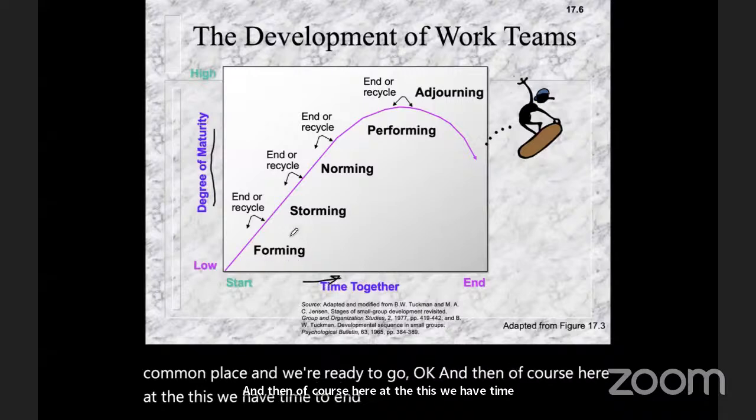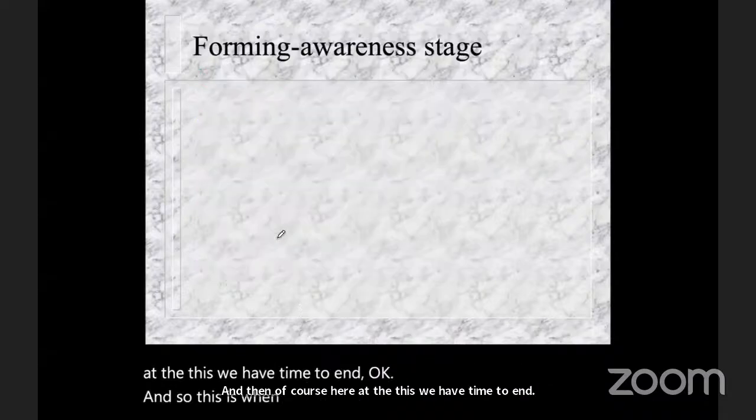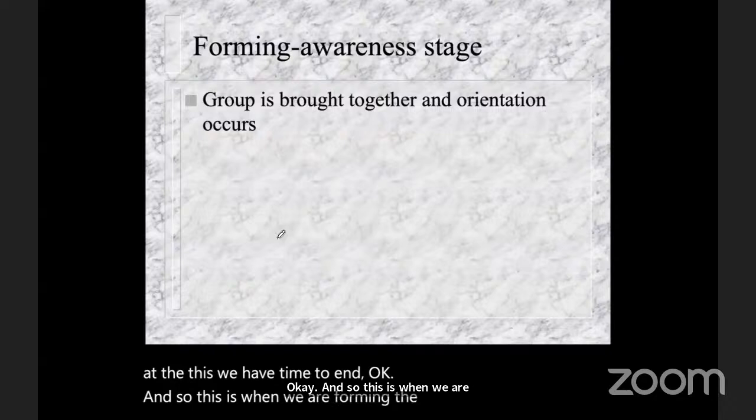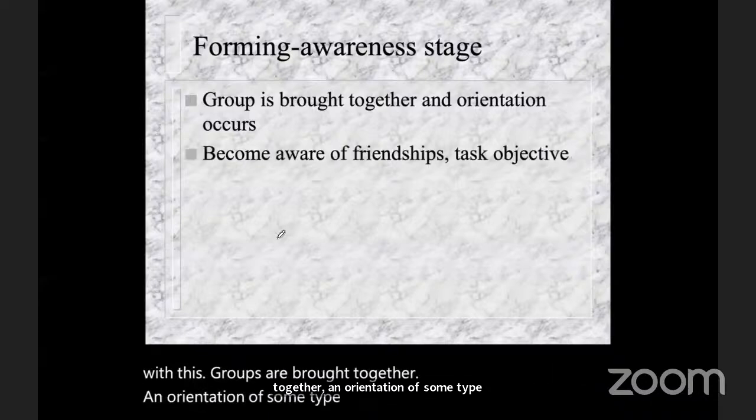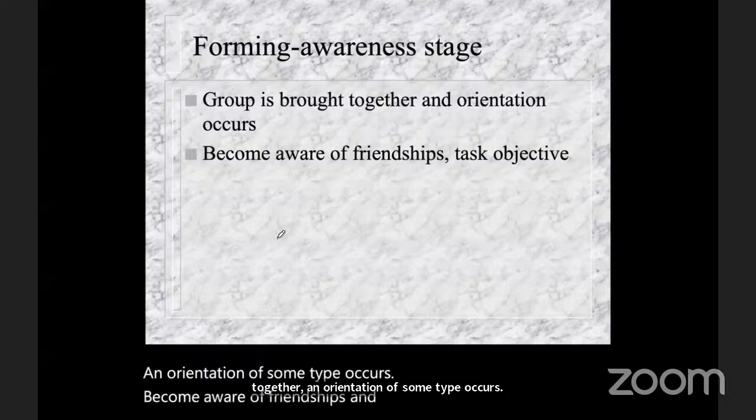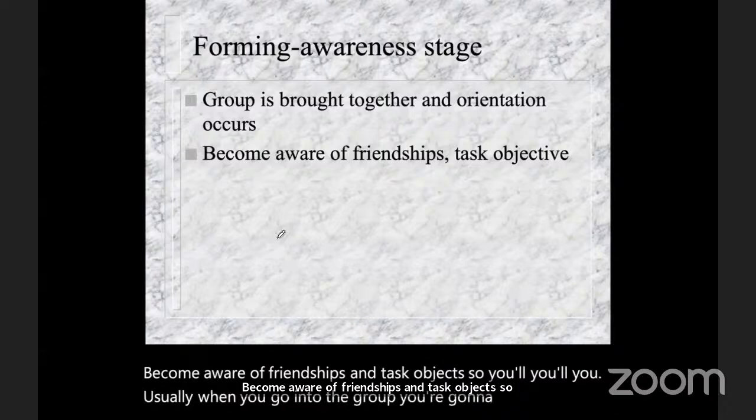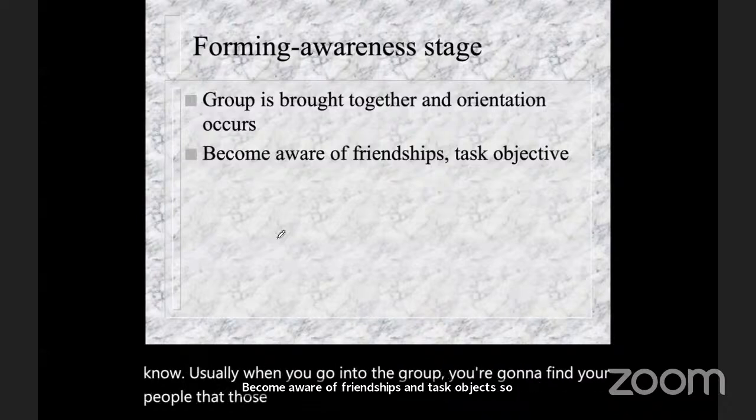So this is when we are forming the group. Groups are brought together, an orientation of some type occurs, and members become aware of friendships and task objectives. So usually when you go into the group, you're going to find your people, those people you prefer to sit by.